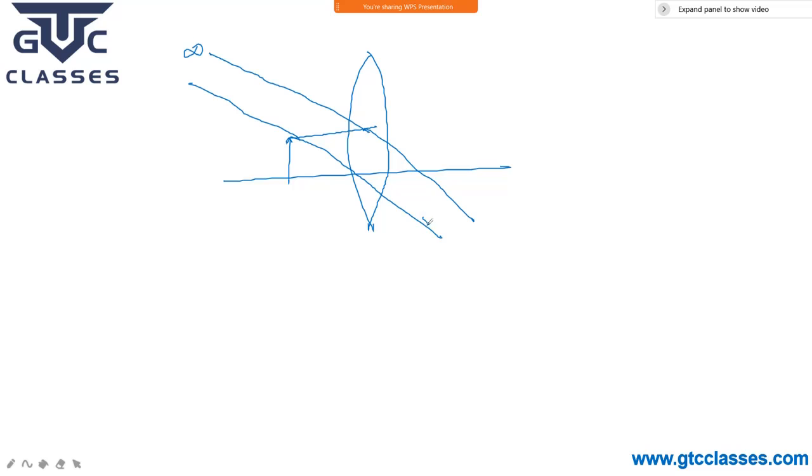These are two parallel rays. When is that possible? When is it possible that the light ray becomes parallel after refraction? Any thought?